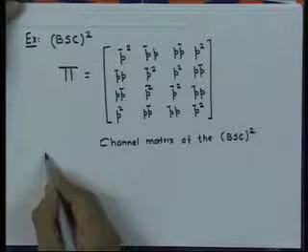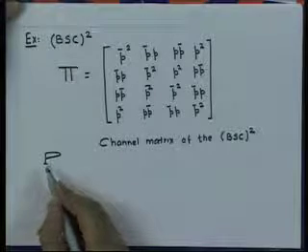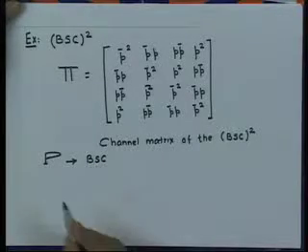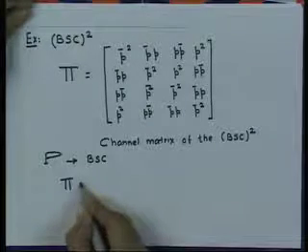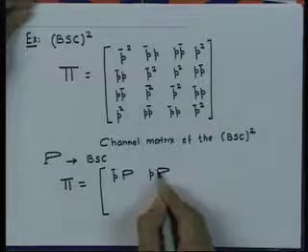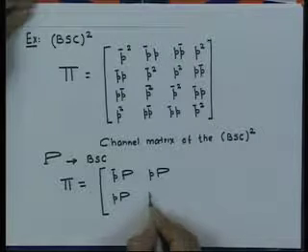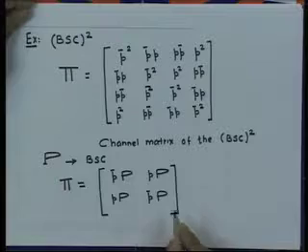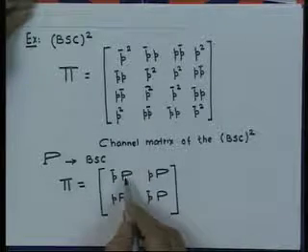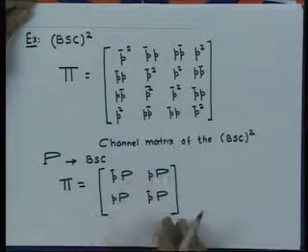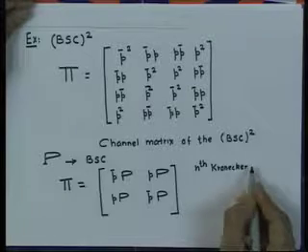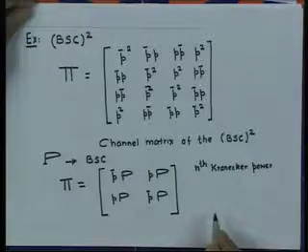So, let P as before be the channel matrix of the binary symmetric channel, then the channel matrix of the second extension of the binary symmetric channel can be written as p bar P, p P; p P, p bar P. Now, this matrix is known as the Kronecker square of the matrix capital P. In the more general case, the channel matrix of the nth extension of a channel is the nth Kronecker power of the original channel matrix.